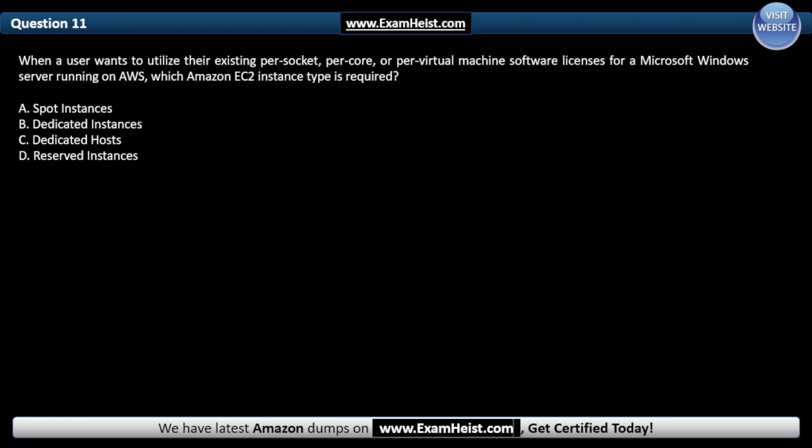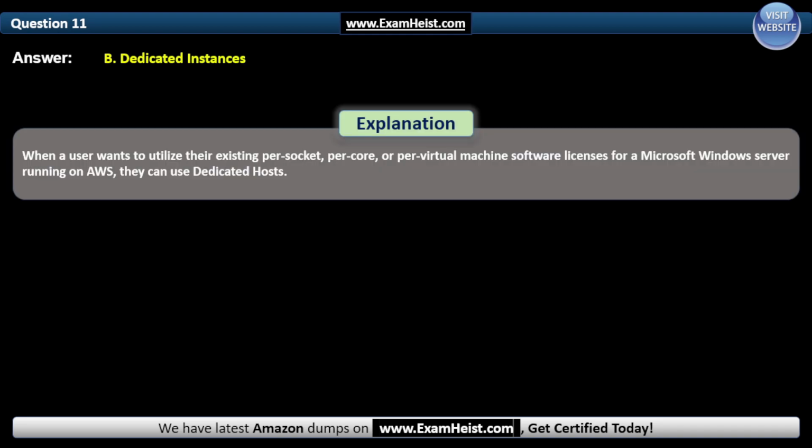The correct answer is B. Dedicated instances. When a user wants to utilize their existing per socket, per core, or per virtual machine software licenses for a Microsoft Windows server running on AWS, they can use dedicated hosts.